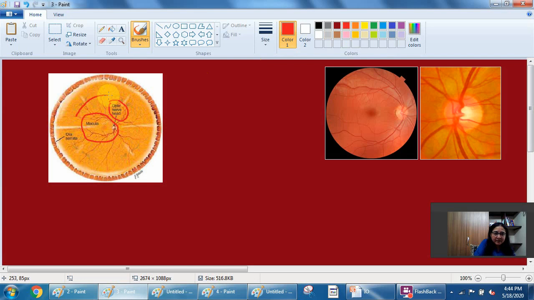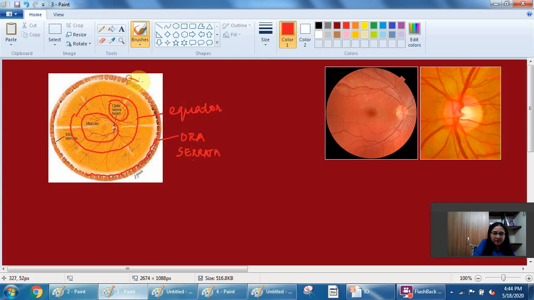You are seeing the middle of the retina, which is called the equator, and you are seeing the far periphery of the retina. This indented line is the far periphery, which is called the ora serrata. So from the central most part you are able to see till the most peripheral part of the retina.